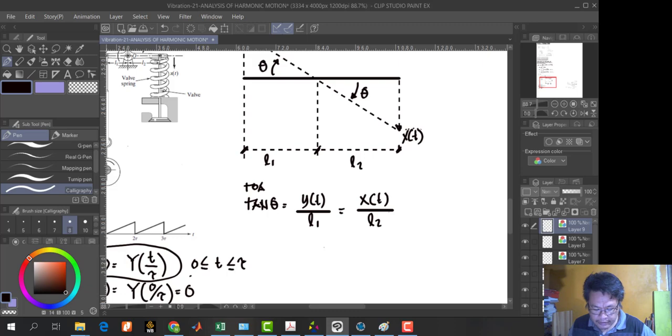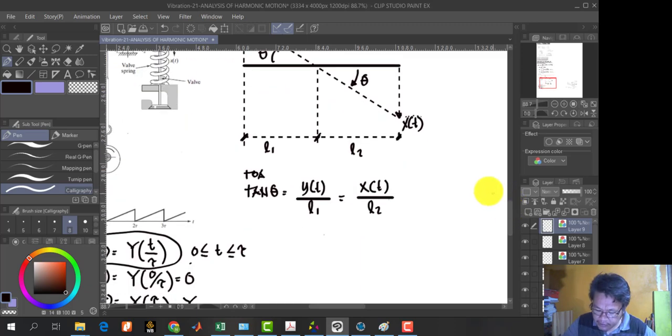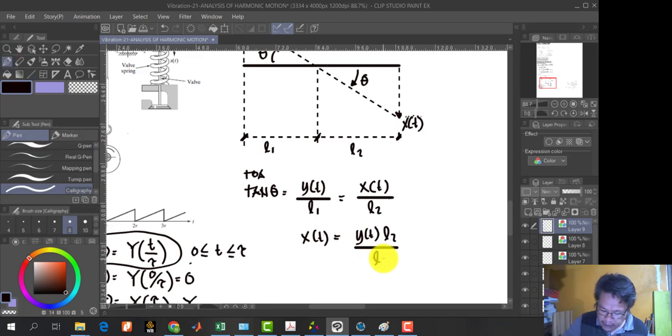And furthermore, since we are merely concerned with the motion of the bulb, I will try to manipulate my equation in such a way that we are all in terms of my x function of time. So I can rewrite this equation as y function of time times my L sub 2, all over my L sub 1.